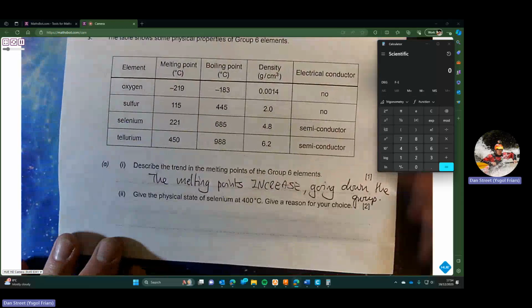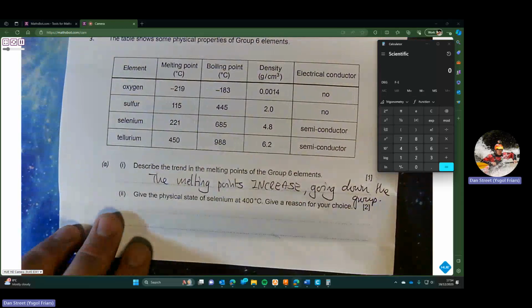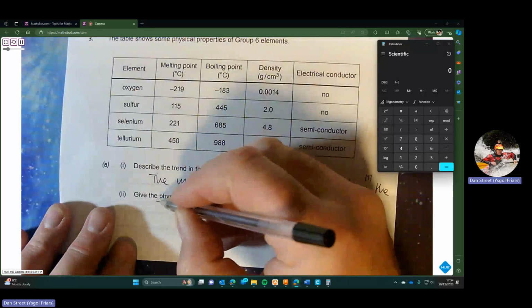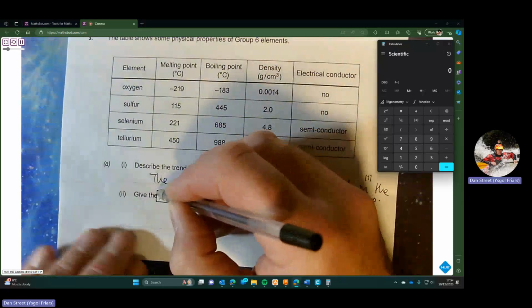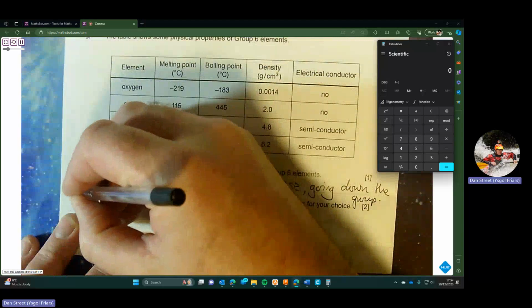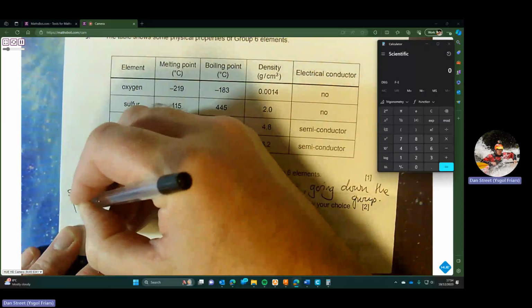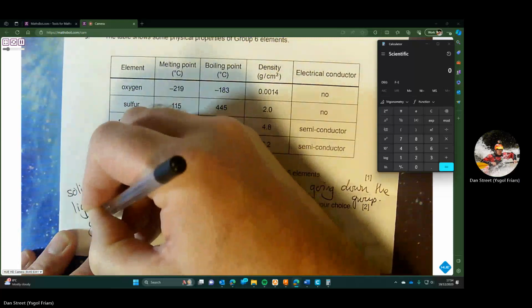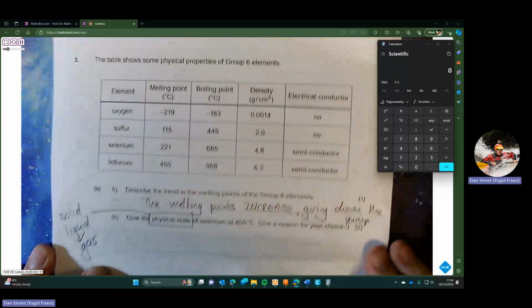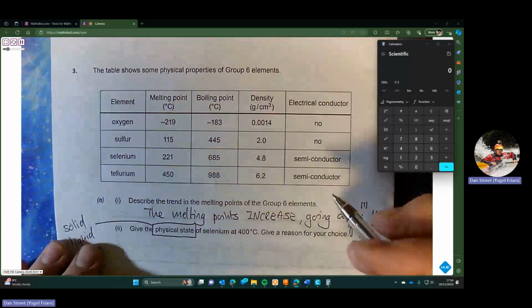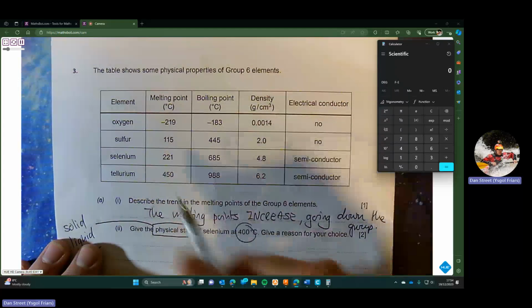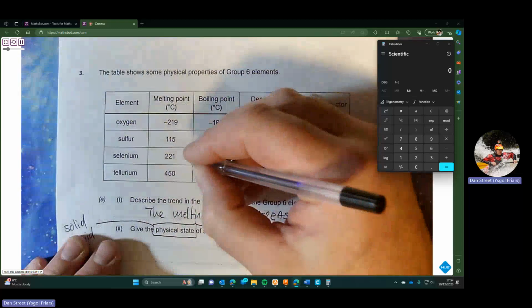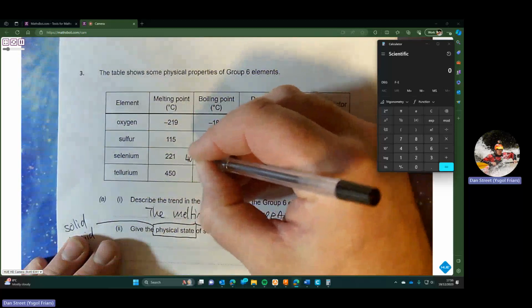And then give the physical state of selenium and give a reason for your choice. So physical state, you've got a choice of 3 options really: solid, liquid, or gas. So if we have a look at selenium, 400 degrees Celsius is somewhere between these 2 values here.